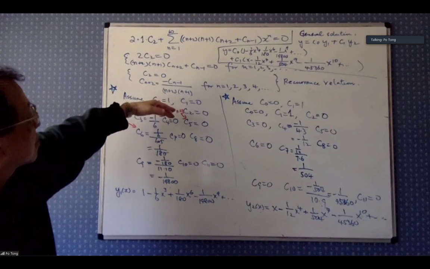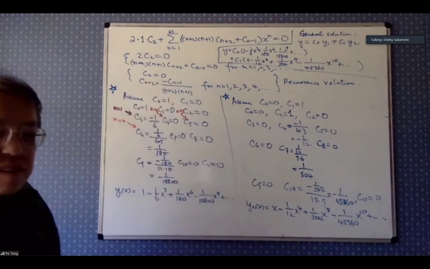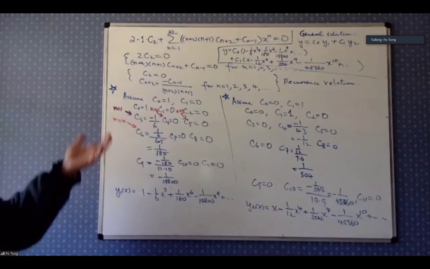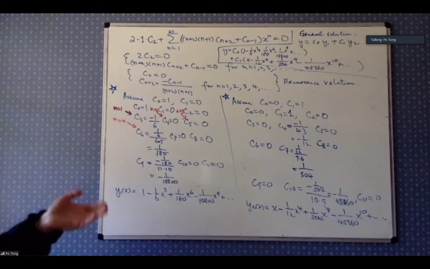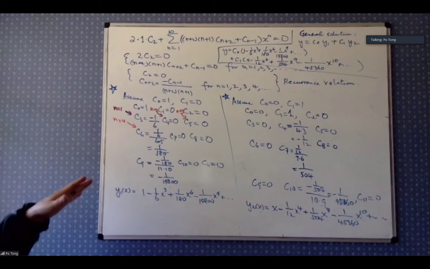From C1, I'll get C4, C7. Oh, okay. So it's possible either way. For this particular example, it's not always like that. It's a little bit crazy, the computation, but I just want you to understand the general procedure.